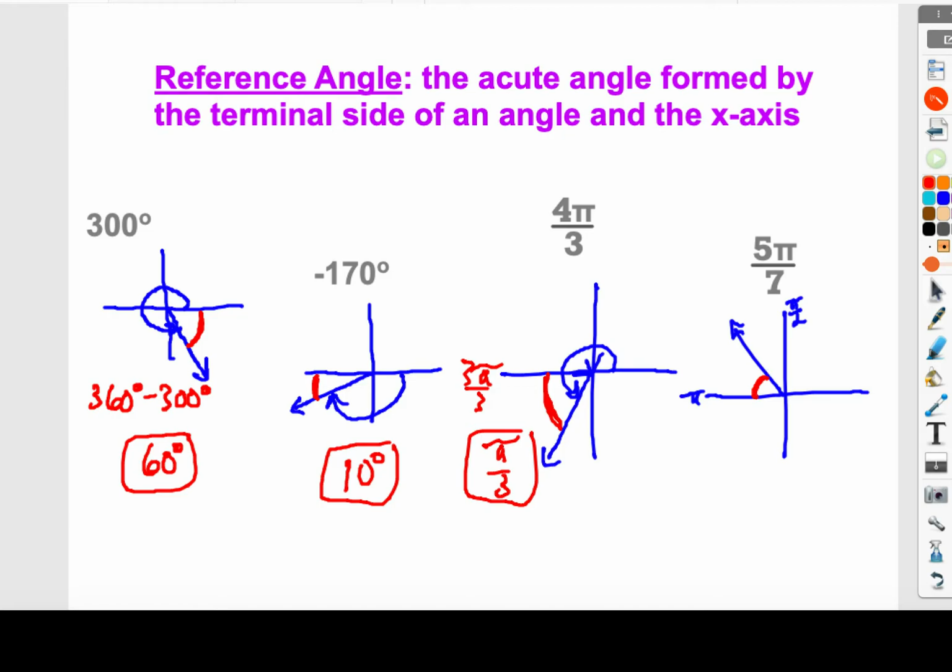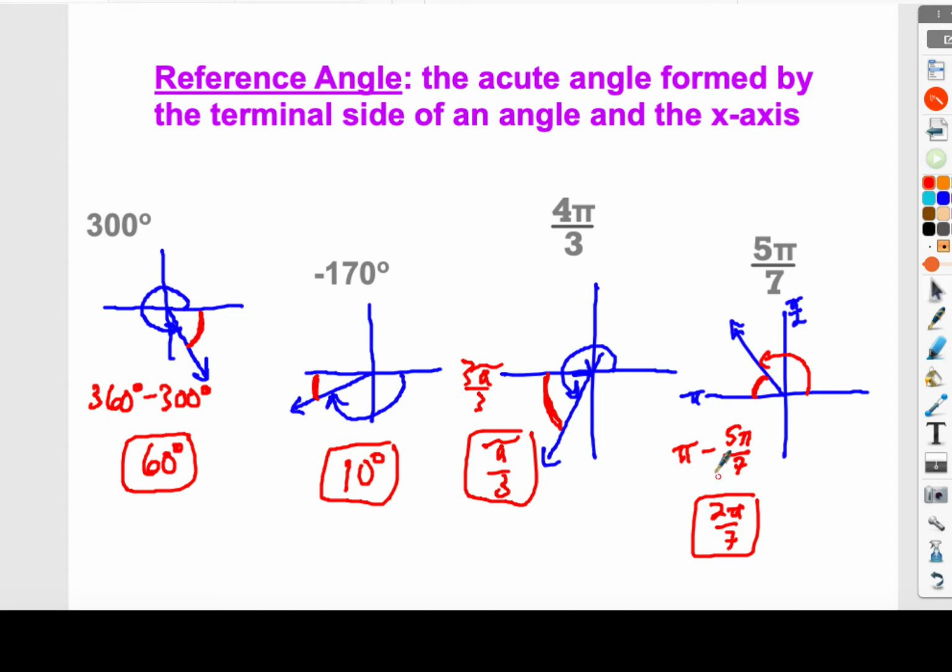So if we're 5/7 of pi to get you from 0 to that point, we're 2/7, right? Or essentially pi minus 5/7 of pi would be 2/7 of pi, right? 2/7 and 5/7 making up a full 1 or 7/7 of pi. So our reference angle would just be that 2 pi over 7.